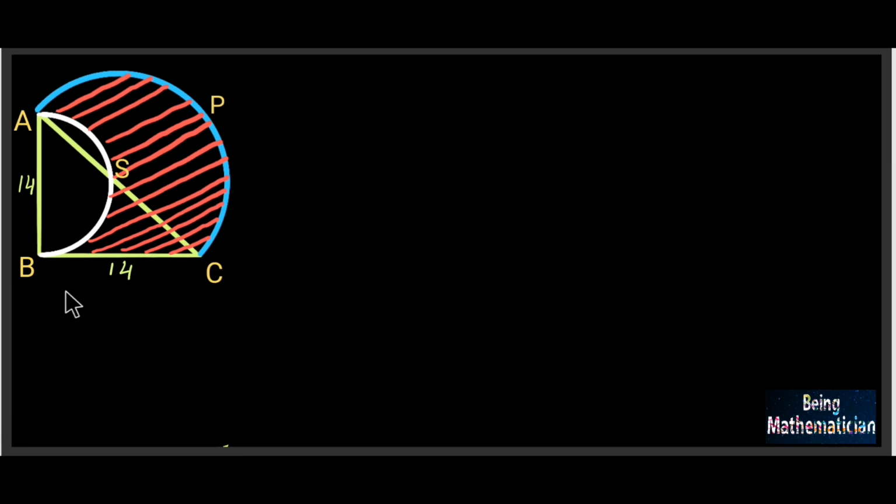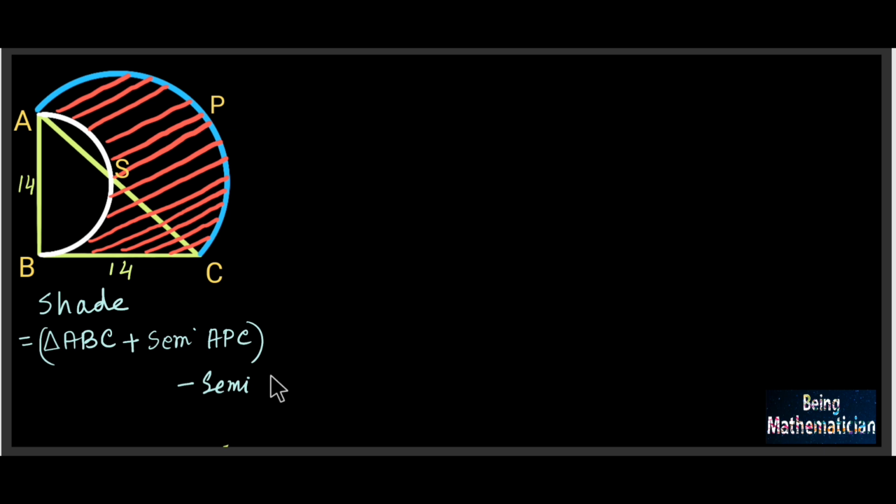So our required shaded region is clearly the area of the triangle ABC plus the area of the semicircle APC, minus the semicircle ASB.